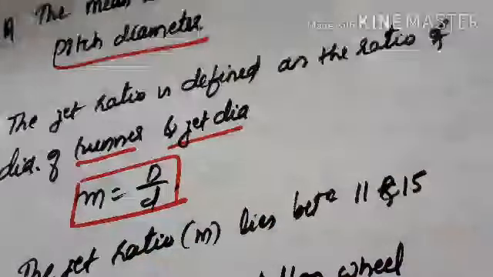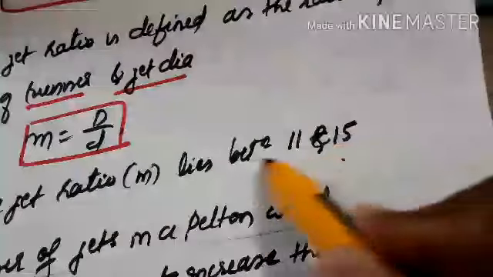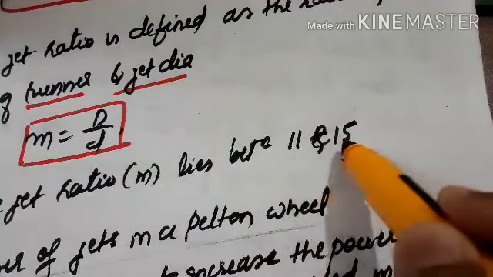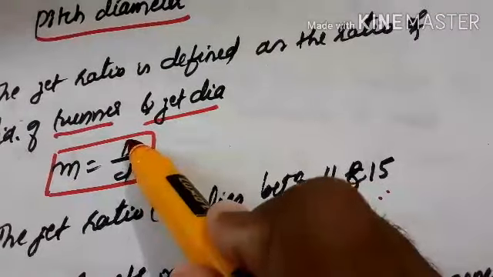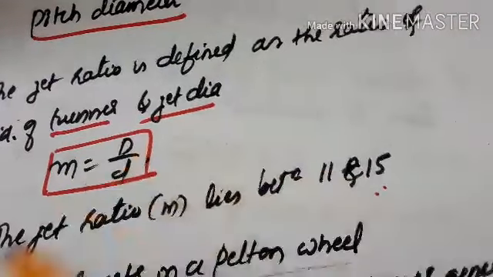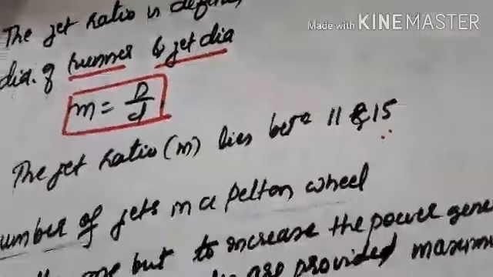Generally, the jet ratio for optimum efficiency should be between 11 and 15. To get maximum efficiency, it generally lies between 11 and 15. This is the jet ratio, the ratio of the diameter of the runner to the diameter of the jet.